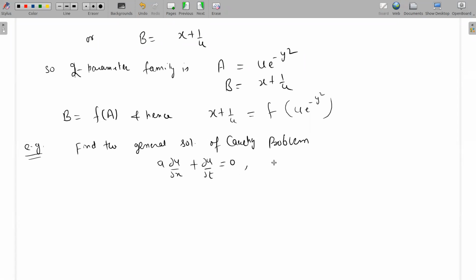And what is the condition? When t equals 0, you know the solution, which is minus x by 3 when x is negative, and 2x plus 3 when x is positive.